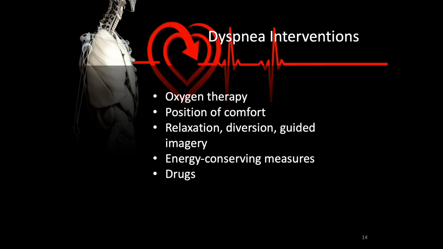But of course, be wary of opioid painkillers because of their effect on the respiratory center. Things that work to reduce the work of breathing include relaxation, diversion, guided imagery. Teach about energy conserving measures such as periodic rests, scheduled resting, and activity splitting.